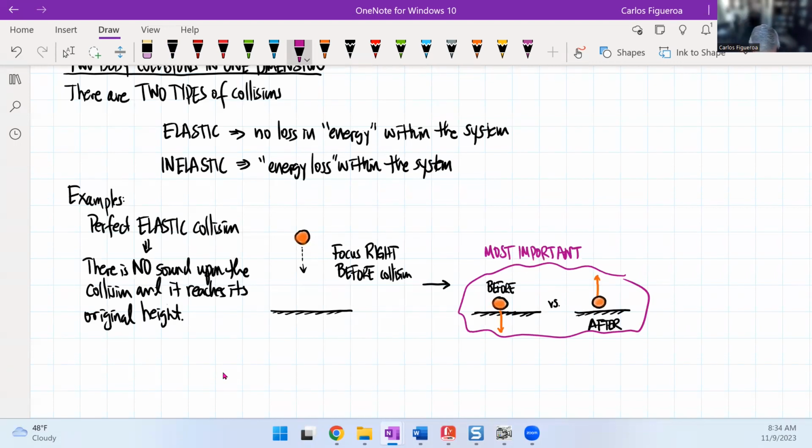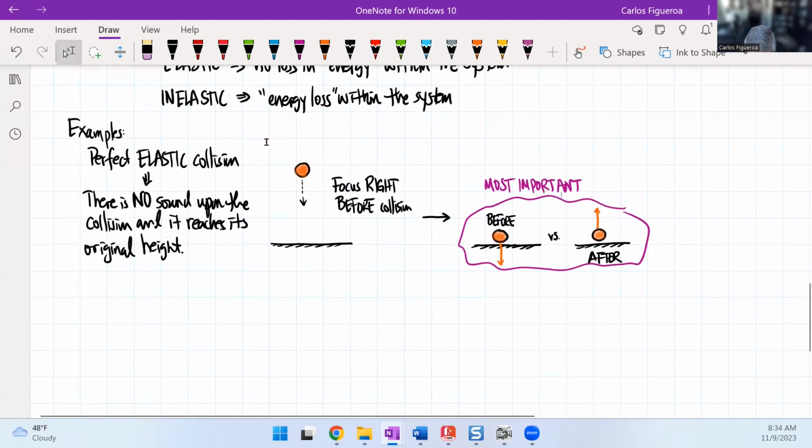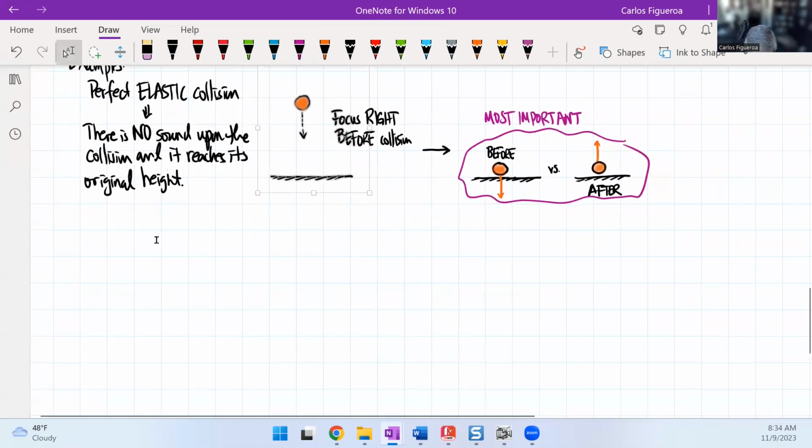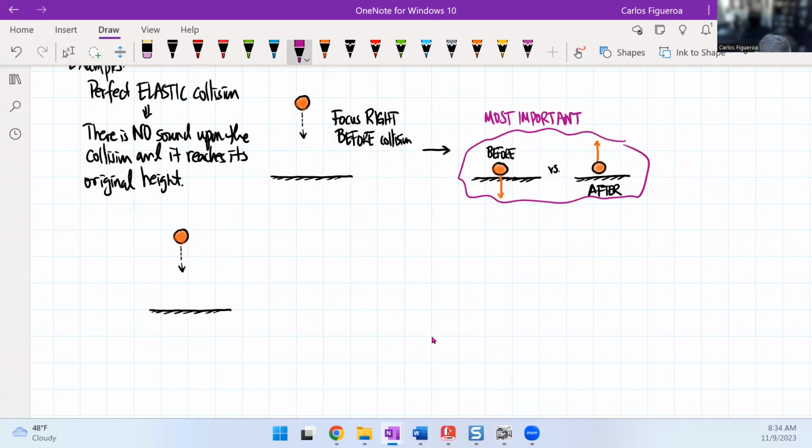But when we're trying to decide whether something is elastic or inelastic, here's what we find. We take this picture, and when we drop the ball, what actually happens here? The ball comes down, it collides, and then afterwards, the ball reaches the same height after the collision. So it comes down, it gets to here, and now it starts to go back up.